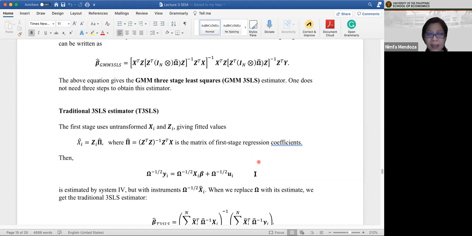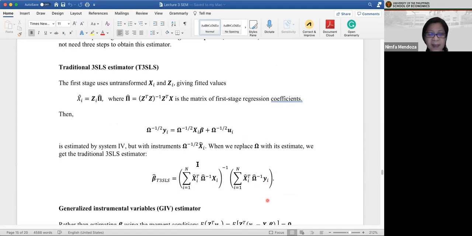You have a matrix of first stage coefficients. Okay. So note that these are sort of reduced form equations.